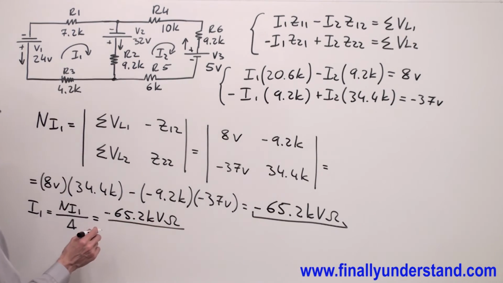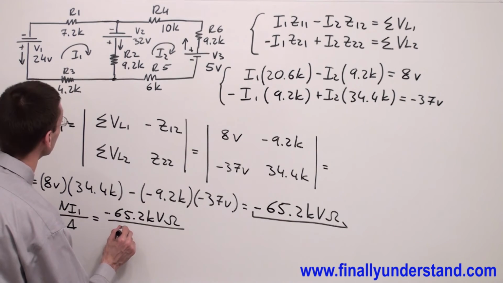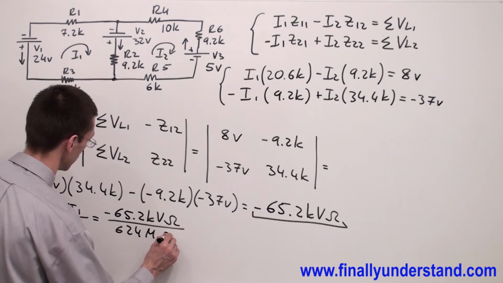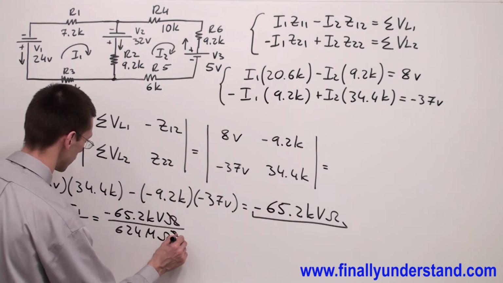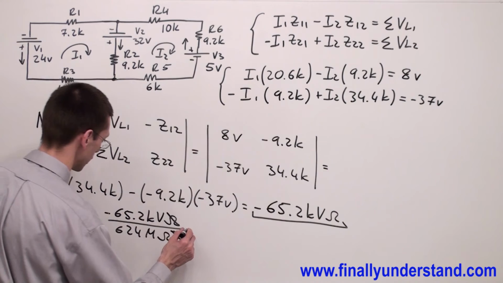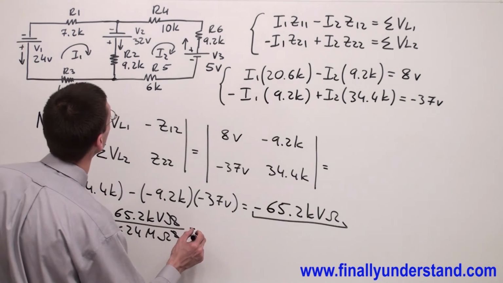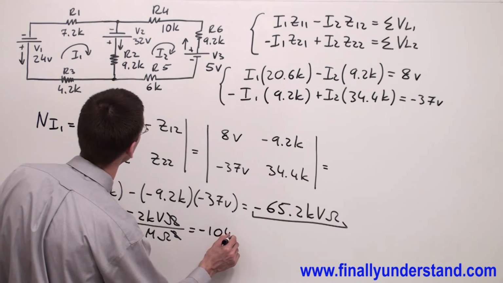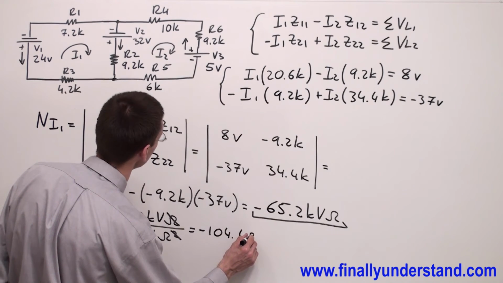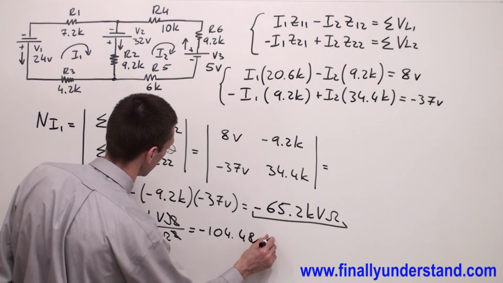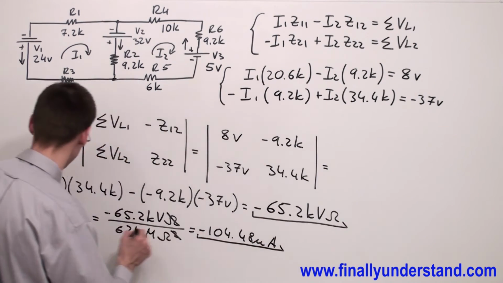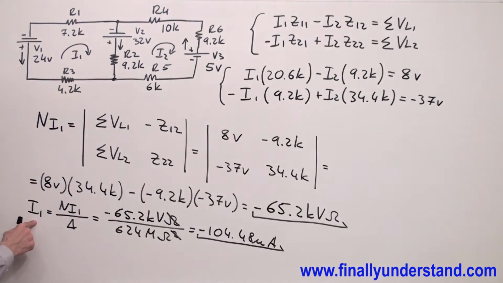Divide by delta, 624 mega ohm square. Ohm and square cancels out, and I1 is equal negative 104.48 microamps. This is the value of current I1.